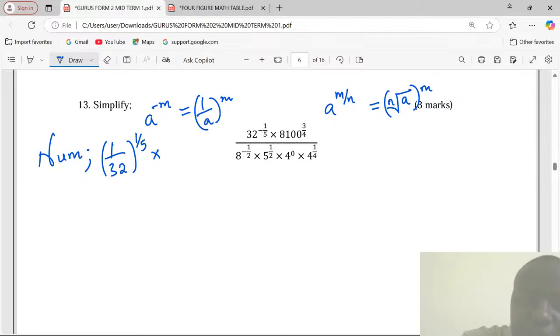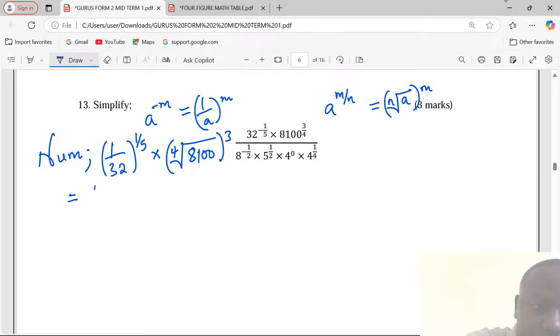That means at this point I need the fourth root of 8100, then everything now I raise to power 3. Let me finish up with the numerator first. So the fifth root of 1 over 32 is going to be 1 over 2, multiplied by the fourth root of 8100, then I raise everything to power 3.